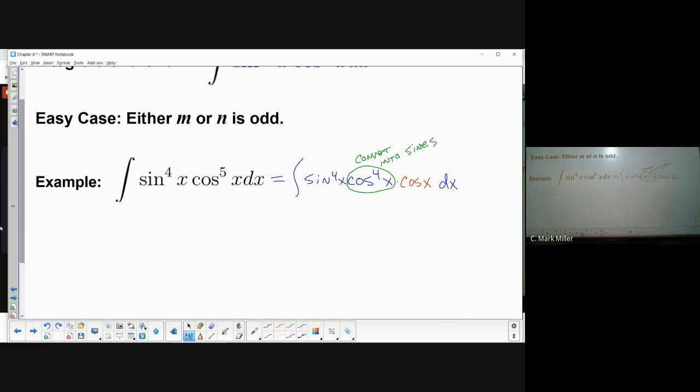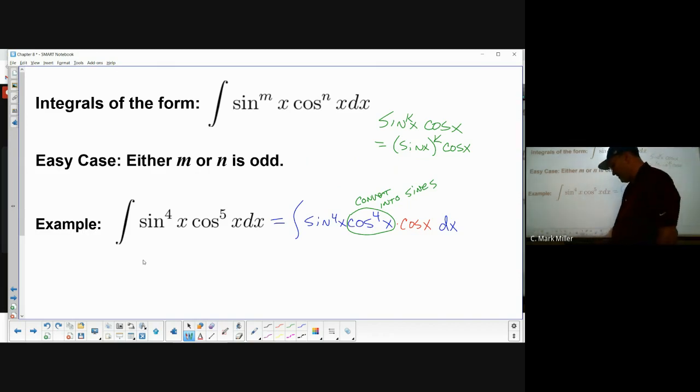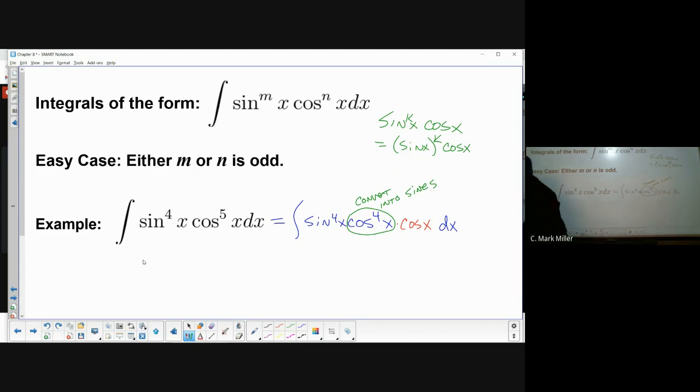I don't know if that's clear. If I have over here sine x to whatever power, call it k power, times cosine x to the first power, I have sine to a power times its derivative.